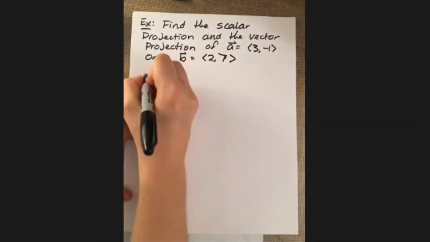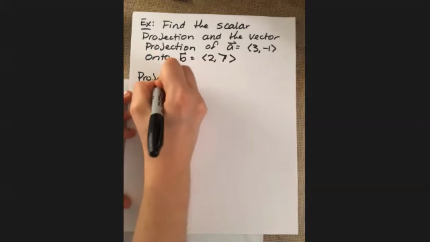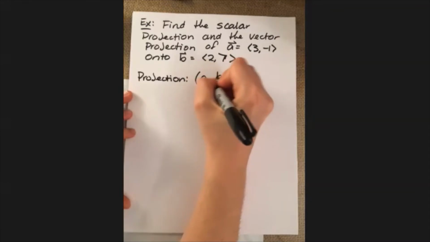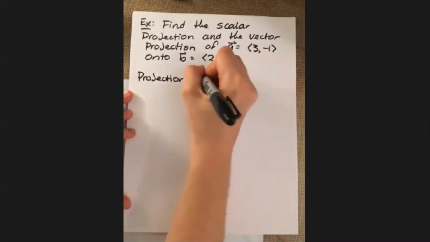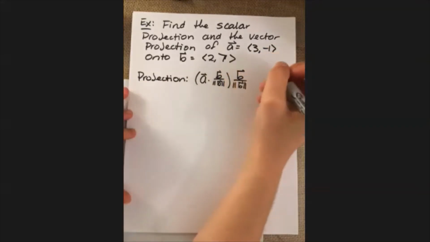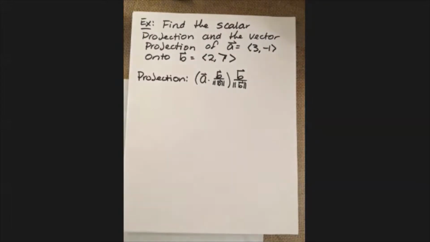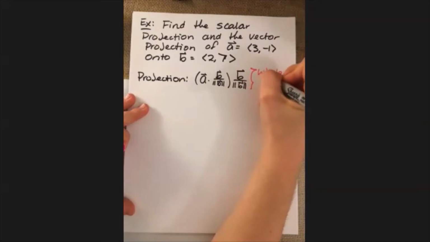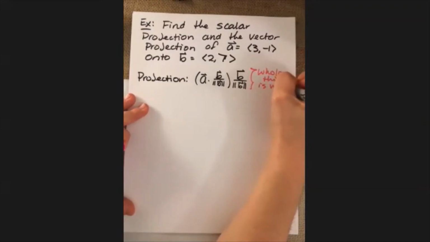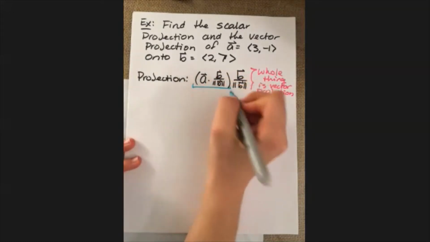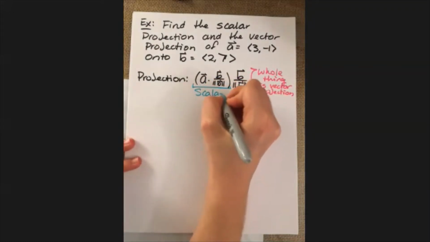So the projection formula is A dotted with B divided by the length of B, times B divided by the length of B. Again, the whole thing is the vector projection, and this piece in front gives us our scalar projection.